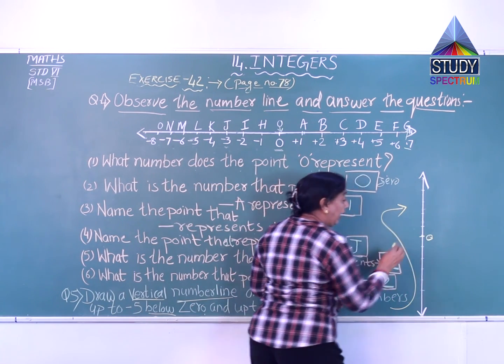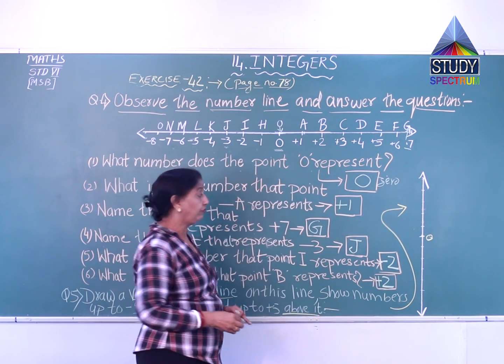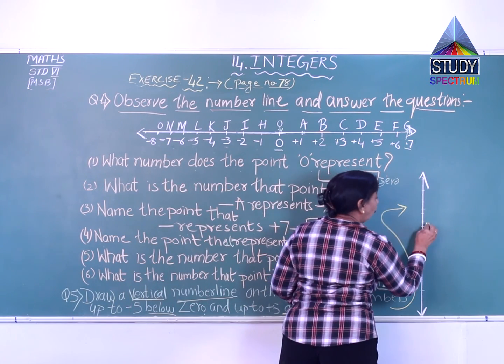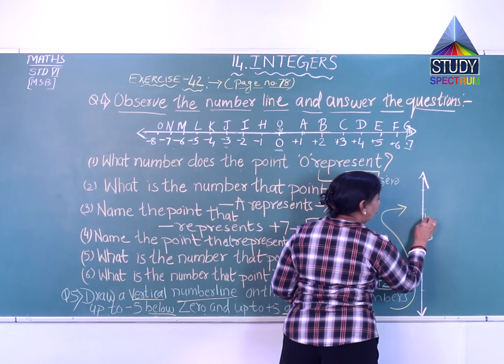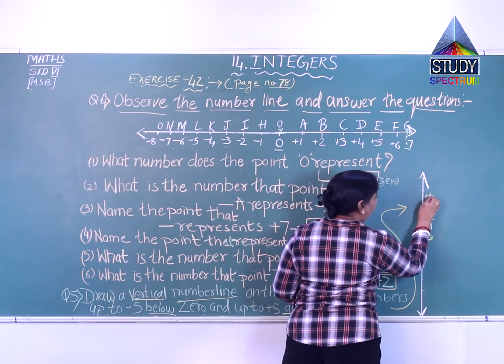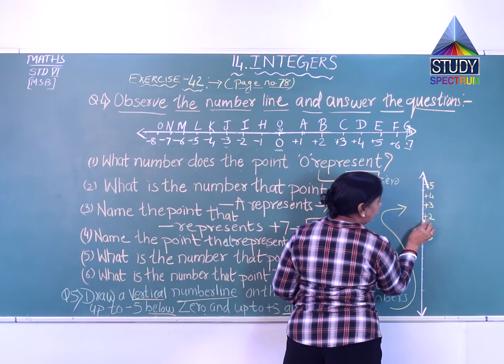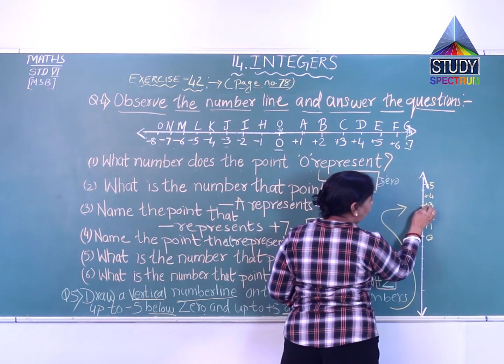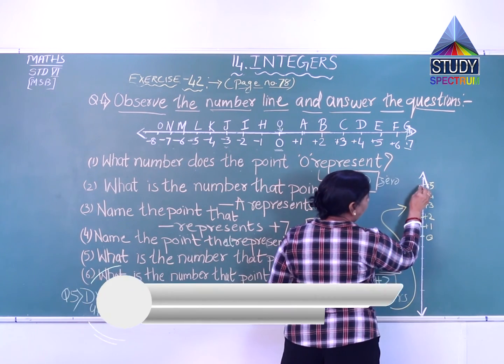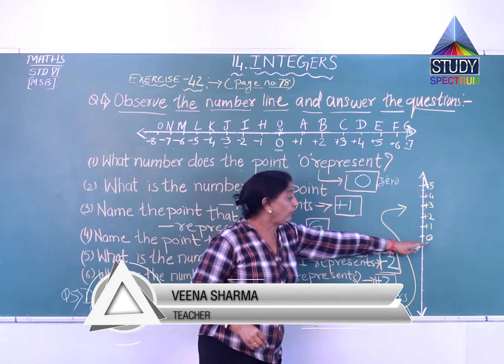Then as they have said above it +5, so I'll go 1 by 1. So +1, +2, +3, +4 and +5. Now this is origin.